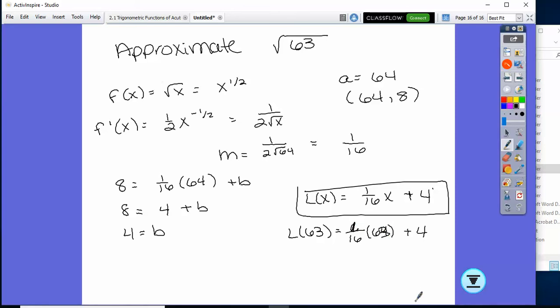So 1/16 times 63 plus 4, and we get 7.9375. Quick check, the actual square root of 63 is 7.93725, so we were really close. That's okay.